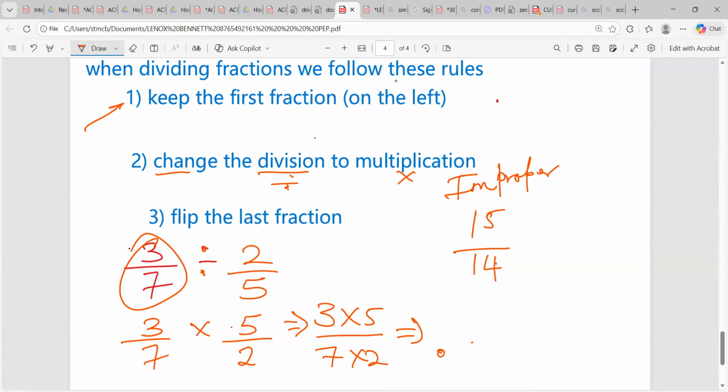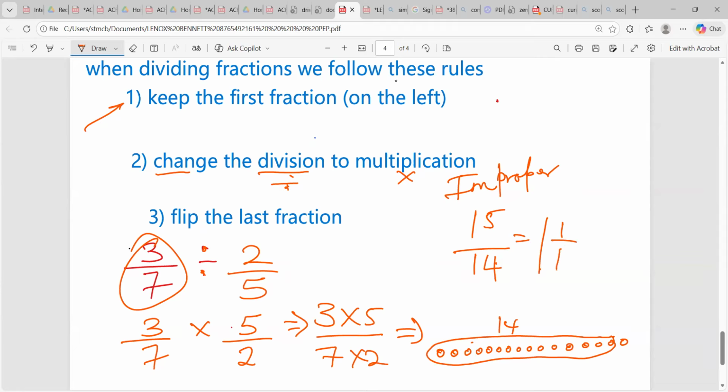Just imagine you have 15 marbles. 1, 2, 3, 4, 5, 6, 7, 8, 9, 10, 11, 12, 13, 14, 15. Can you get a group of 14? Yes. We get one group of 14, which is the whole number. And how many remainder? 1 out of the 14. So this is how we convert.